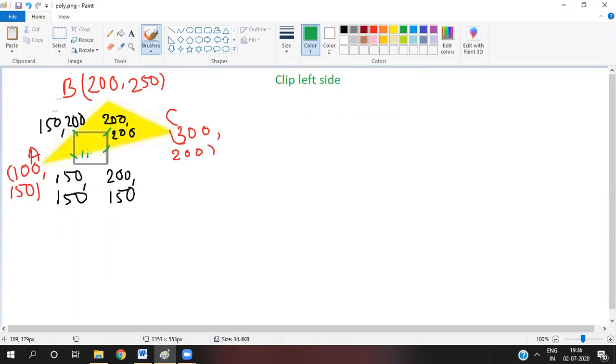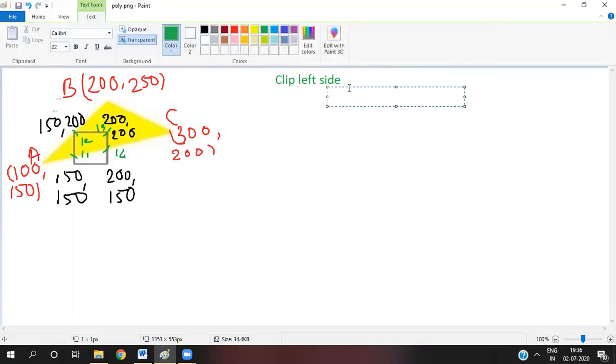I1 like this, this is I2, this is I3, this is I4. Four intersection points are there. So for the left clip, let's solve it.